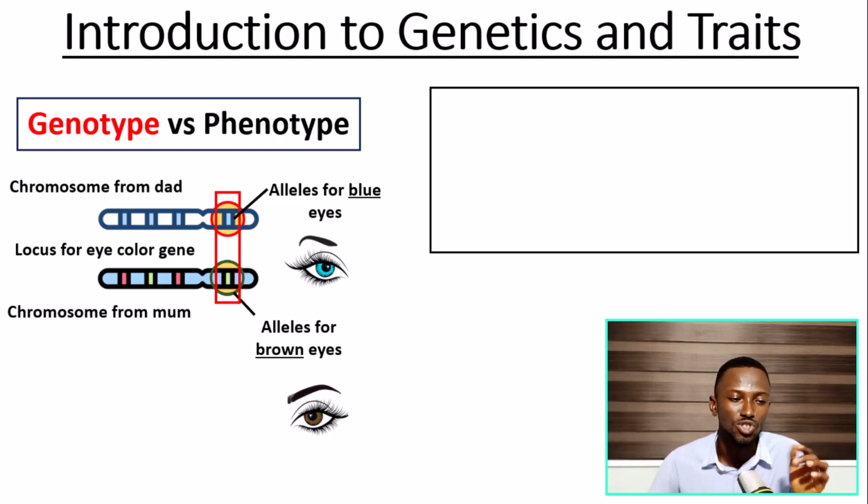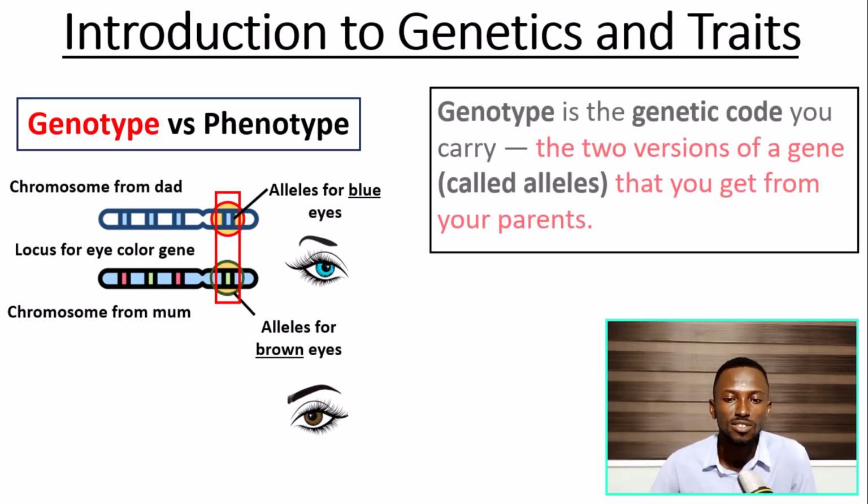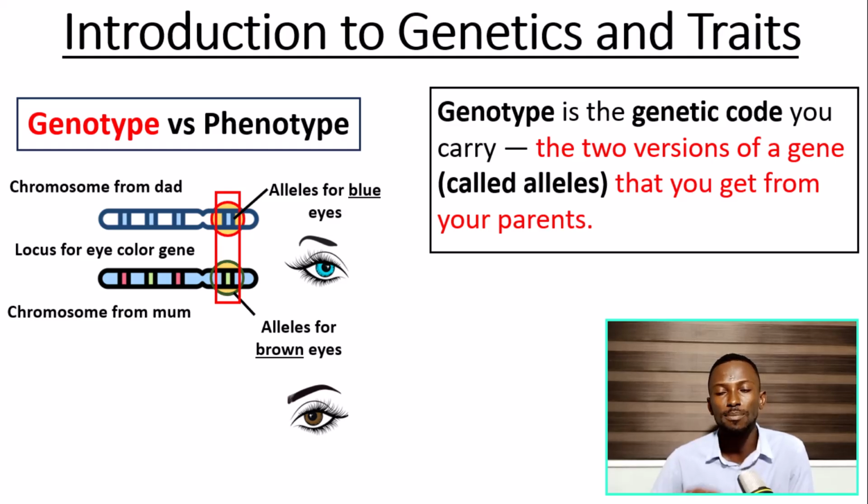That brings us to genotype and phenotype. What's the difference between genotype and phenotype? Genotype is basically the genetic makeup of a child. What is found in your system, that is your genotype. So genotype is the genetic code you carry. And this genetic code is actually the two versions of the gene, that is the alleles that you got from your parents.